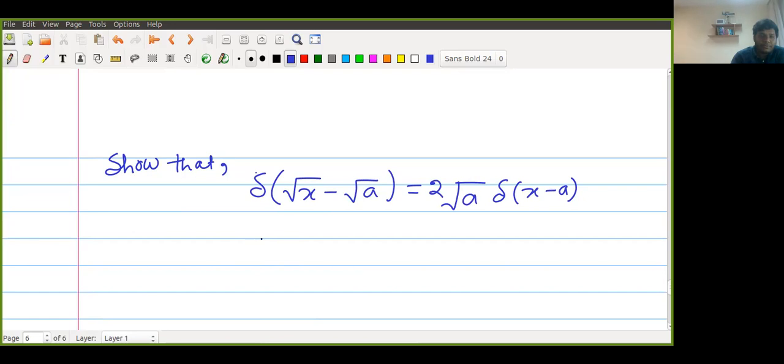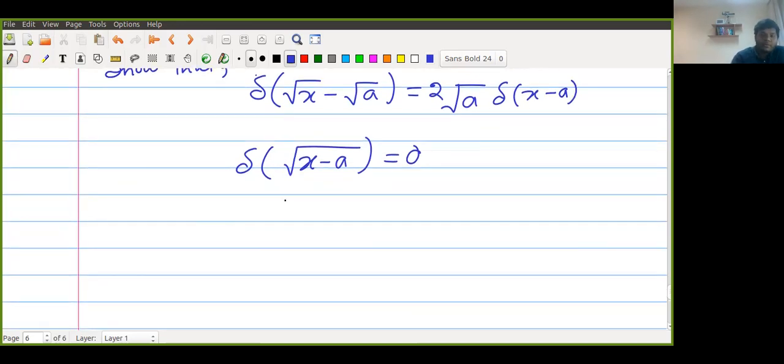Or you can prove delta of square root of x minus a equals 0.